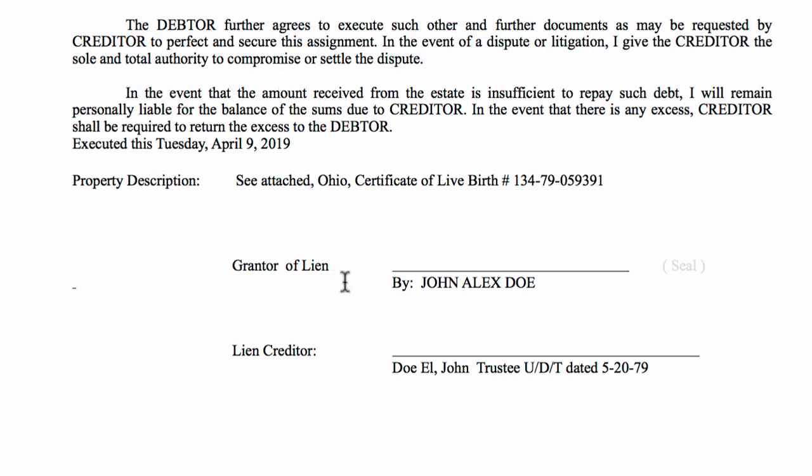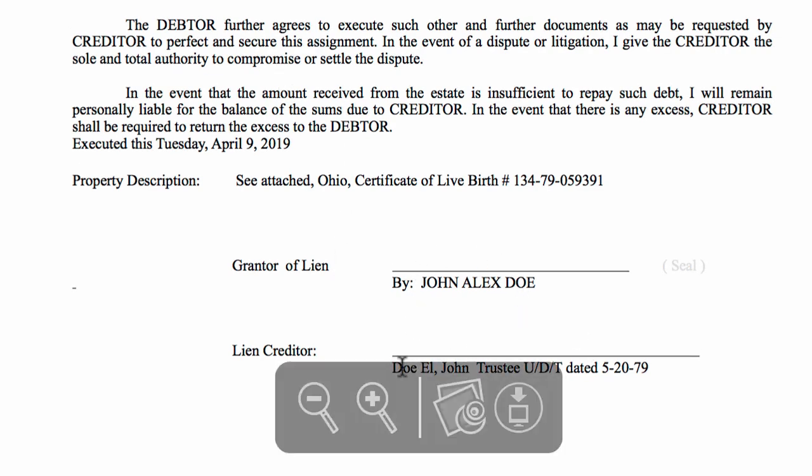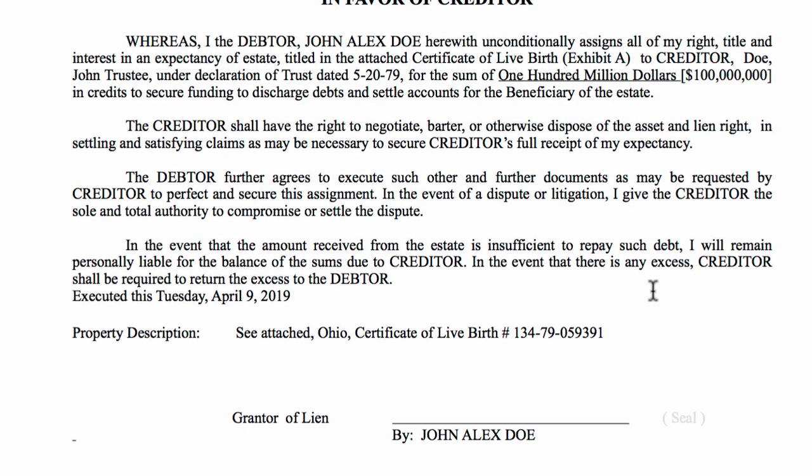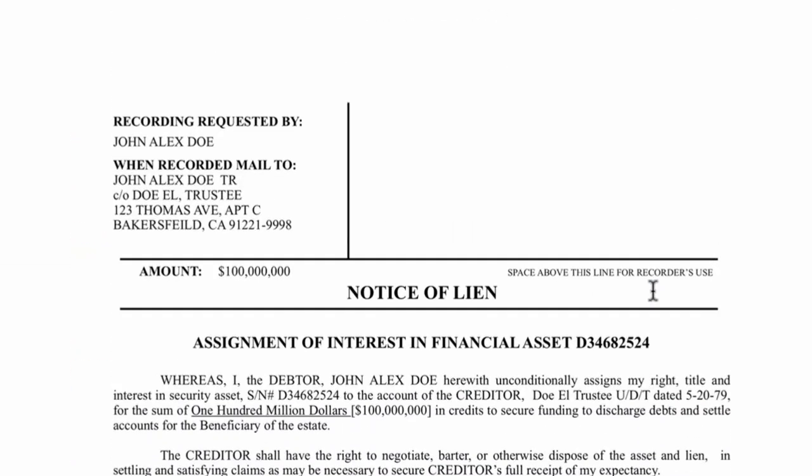Assignment of the estate in favor of the creditor. The creditor is what? The trust. You see it again under declaration of trust. So these are examples of what I would say is your county recording. That's some type of lien, assignment, or deed record that gets recorded in the county, and then you put the UCC 3 on top of that.